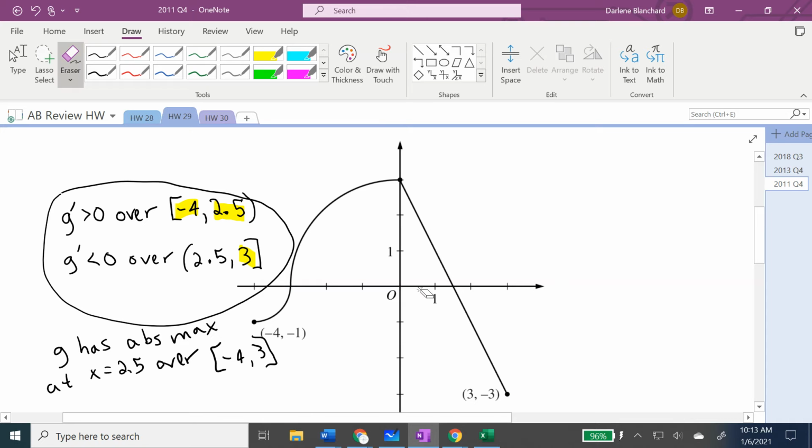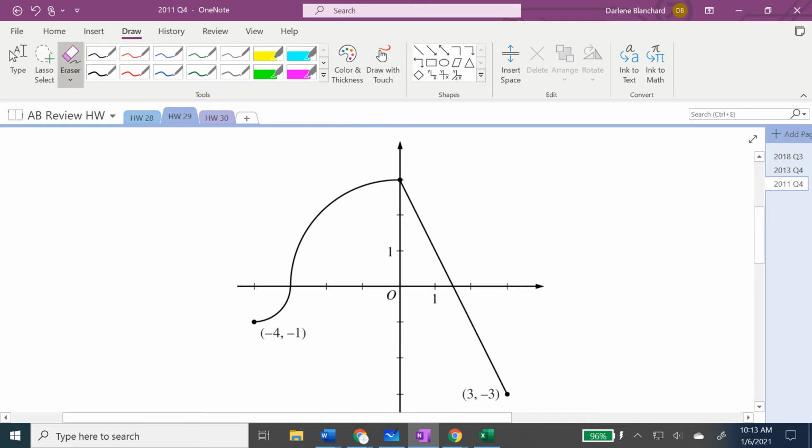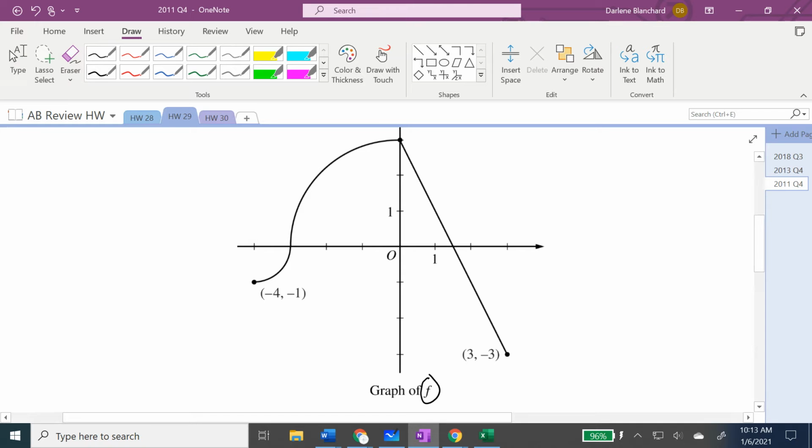As you look at the graph, do you see where this graph changes the direction it is moving, or changes from increasing to decreasing or decreasing to increasing? With this being the graph of f, f prime is positive, undefined, and then f prime is negative.